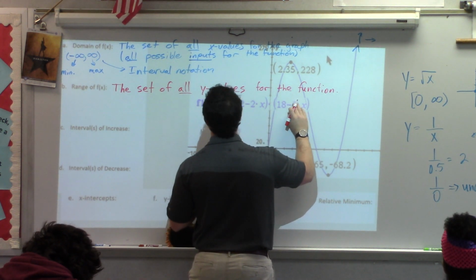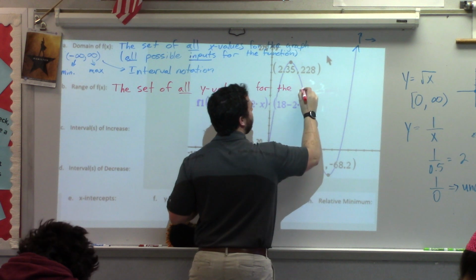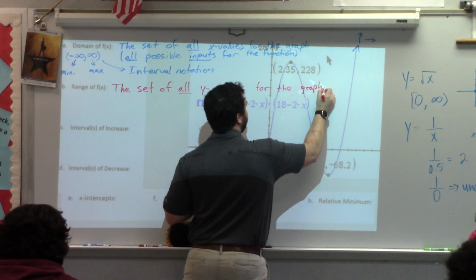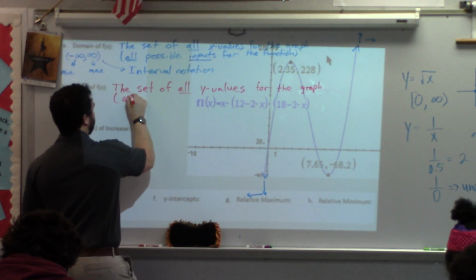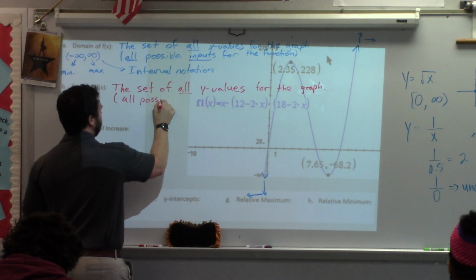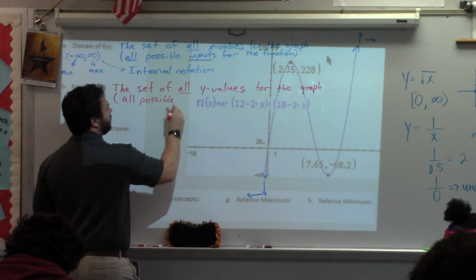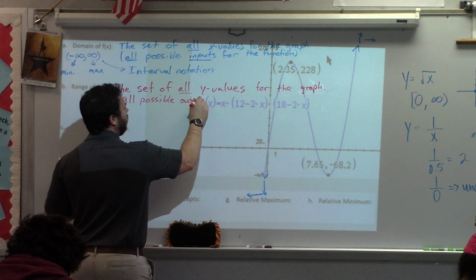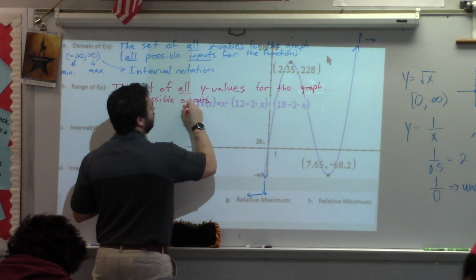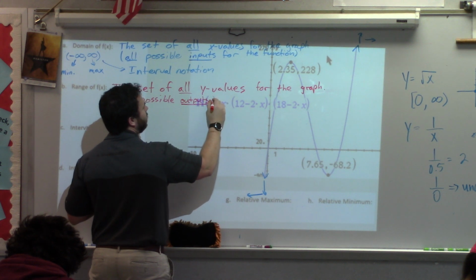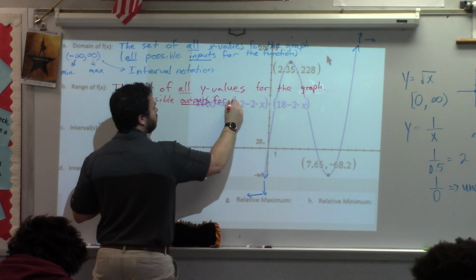All right, say set of all y values for the graph. So how else could I say that? All possible outputs. Remember, those outputs depend on the inputs, but the y values are my outputs for the function.